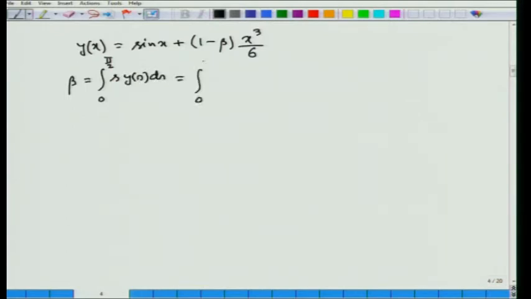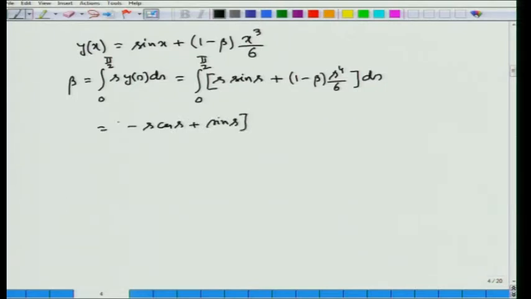So, this is equal to integral 0 to pi by 2 s [sin s plus (1 minus beta) s cube divided by 6] ds, and after integration you can find [minus s cos s plus sin s] limit 0 to pi by 2 plus (1 minus beta) times 1 by 30 into (pi by 2) to the power 5.